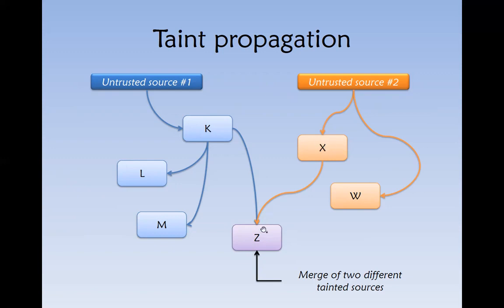That buffer gets copied over to Z, then maybe you're also applying some command line parameters. So Z is like a transformed video buffer that contains inputs from both X as well as K, but because X is untrusted and K is untrusted, Z is also untrusted. And it is a merger of information from two different untrusted or tainted sources. We will look in much more detail about how things get tainted, rules for tainting, and so on.